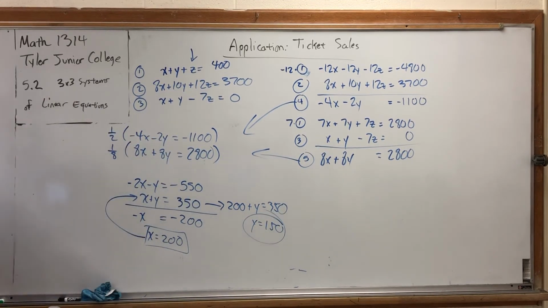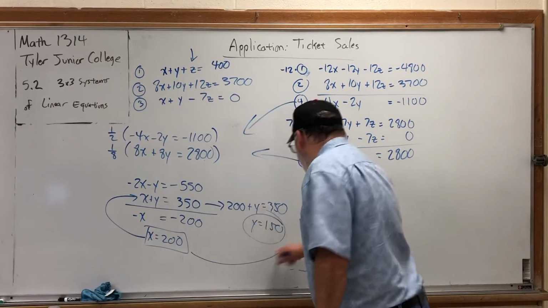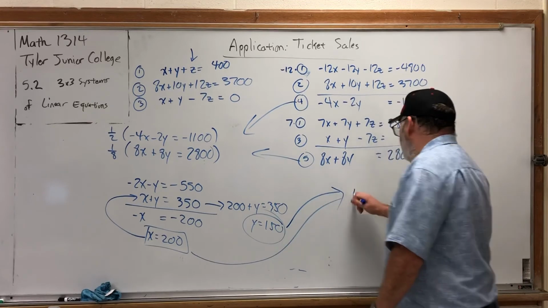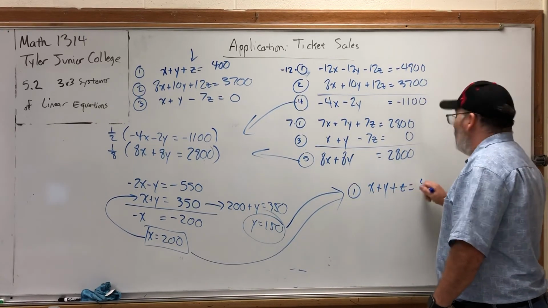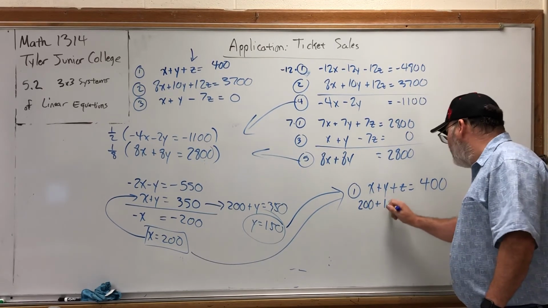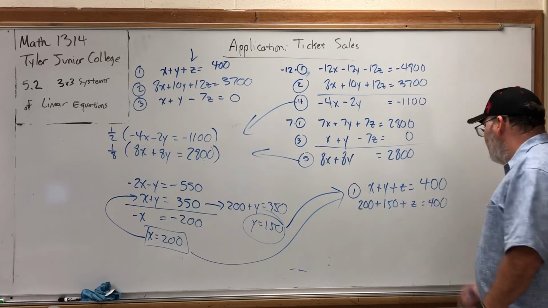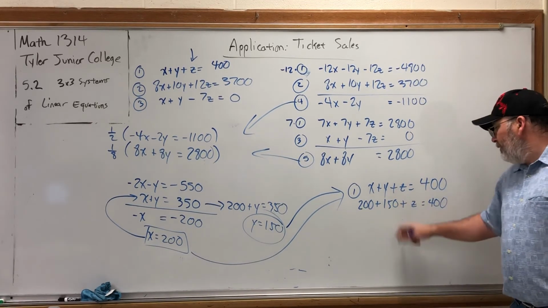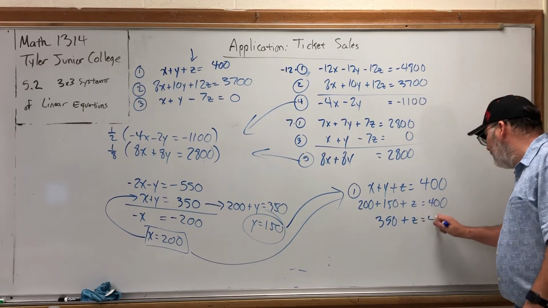Now I just need z. Let's take the original first equation. First equation says x plus y plus z is equal to 400. X is 200. Y is 150. We don't know z. That's equal to 400. 200 plus 150 is 350, plus z is equal to 400.